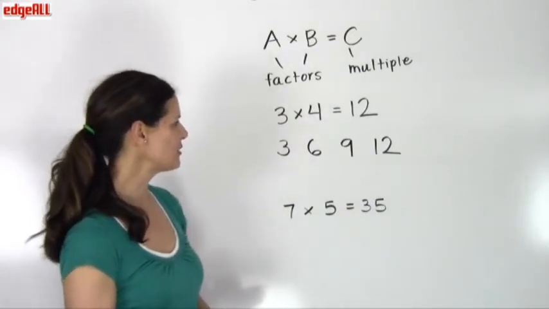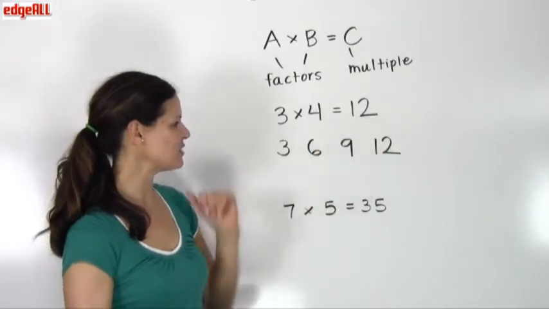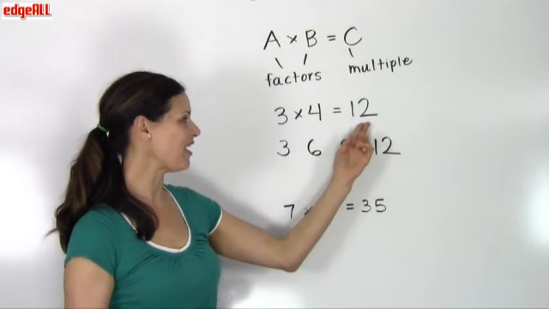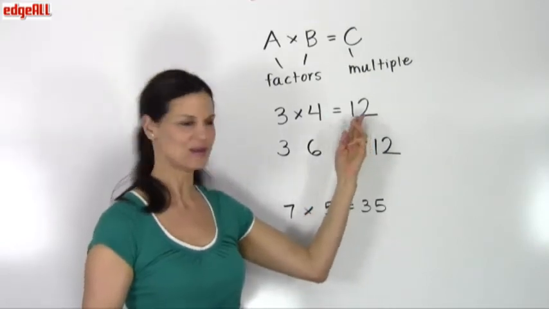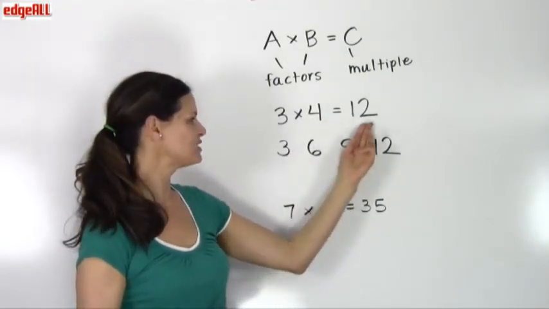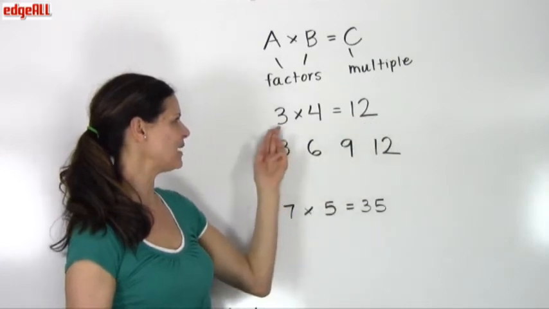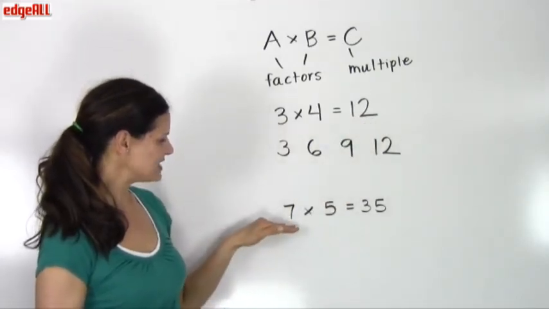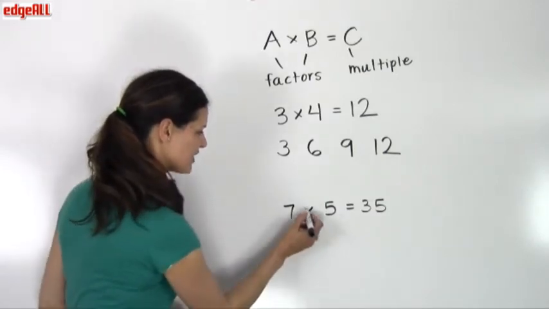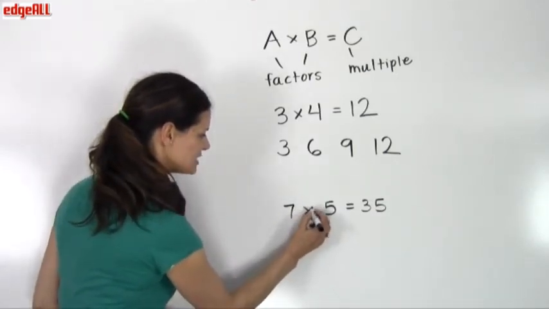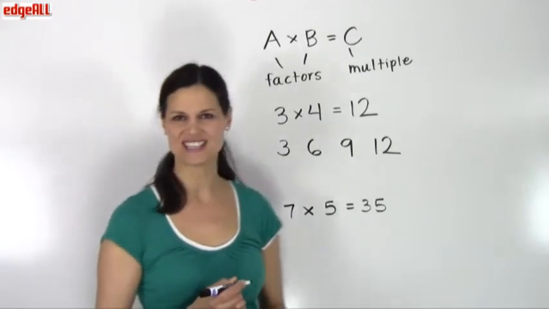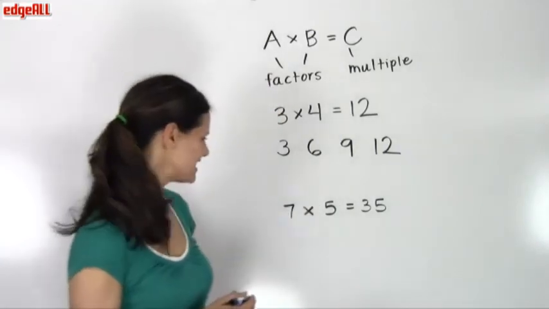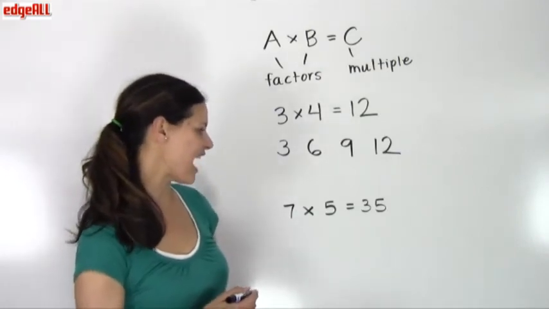We would also look at this 3 times 4 equals 12. And we would say that 12 is divisible by 4. And 12 is divisible by 3. Similarly, here we have 7 times 5 equals 35, which, since we have our multiplication tables memorized, we know this one by heart. 7 times 5 equals 35.